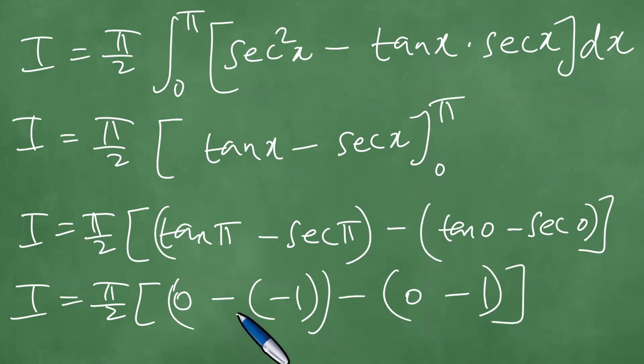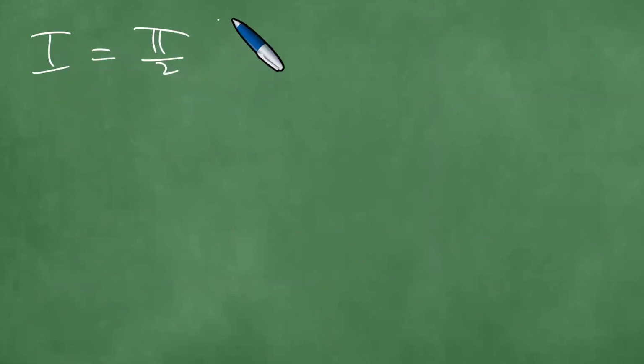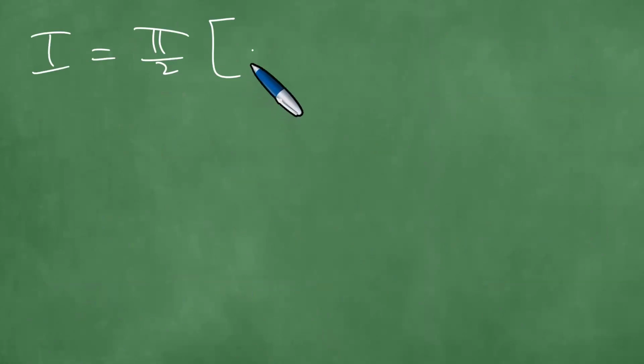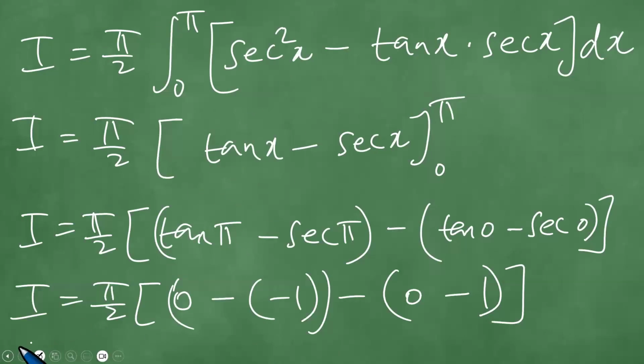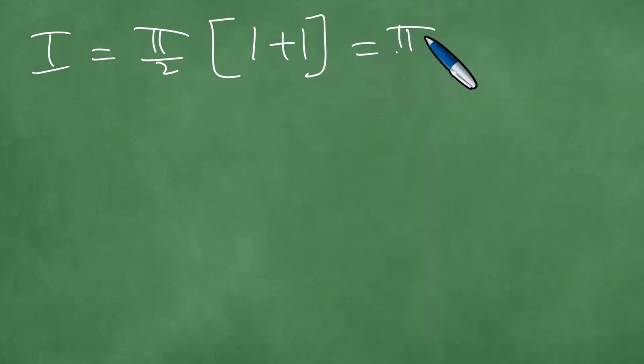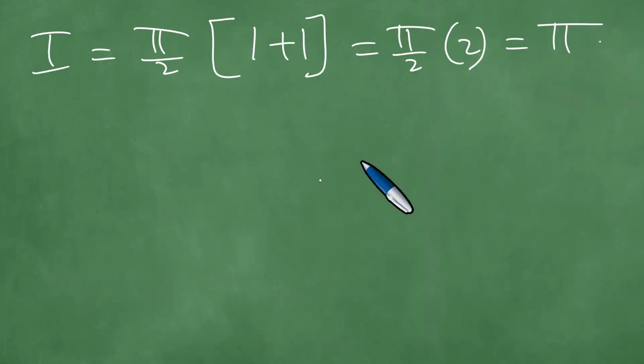So this is exactly what? I equals pi over 2 times: negative of negative 1 is positive, which becomes 1, and this other negative minus 1, which is plus, becomes another 1. Which is pi over 2 times 2, which is equal to pi.